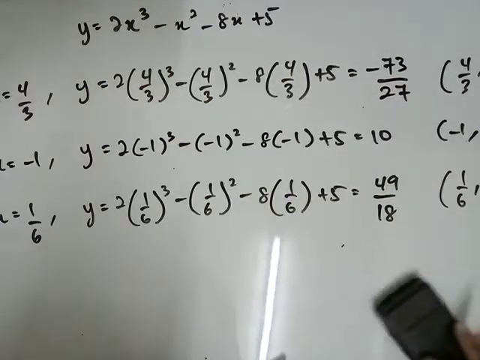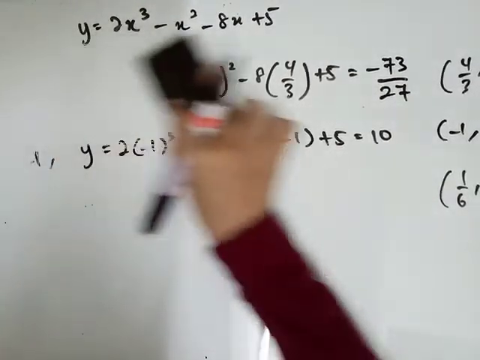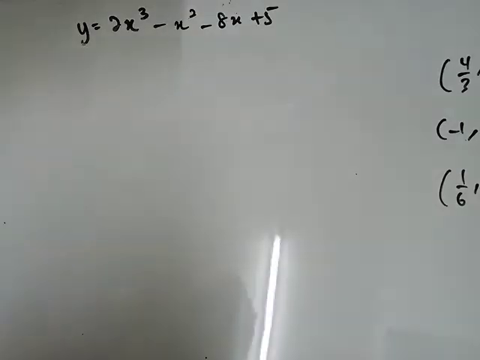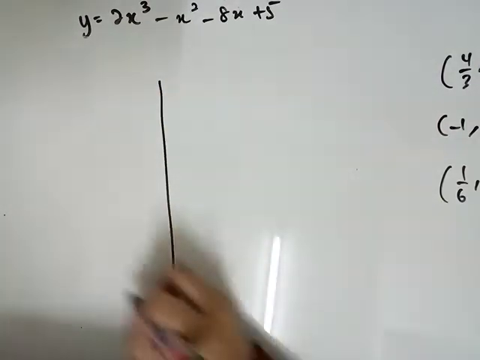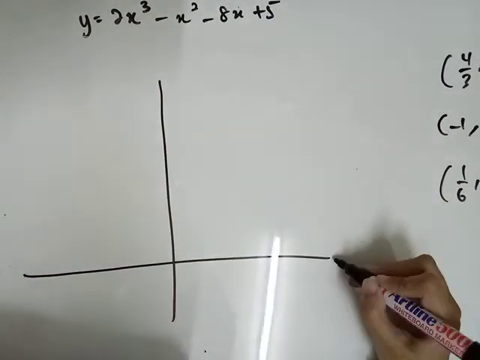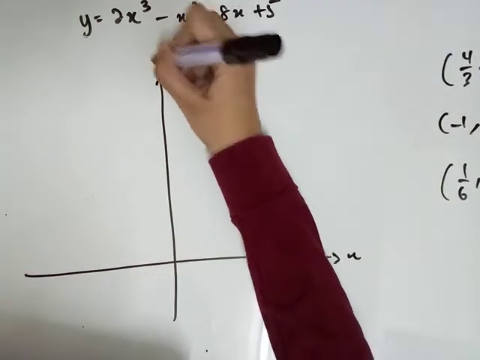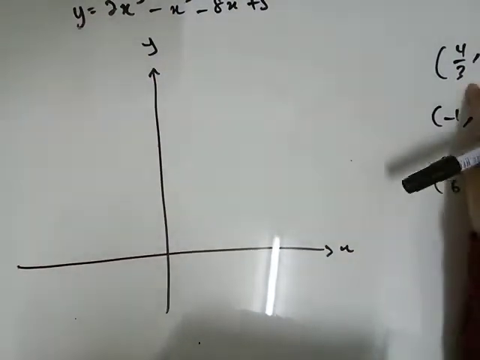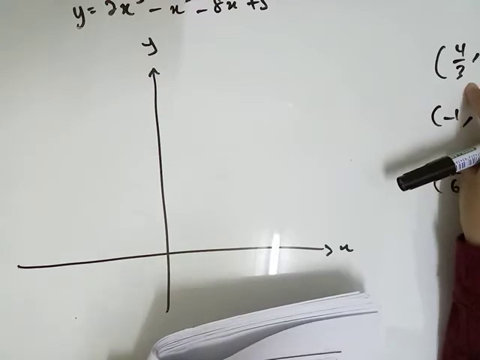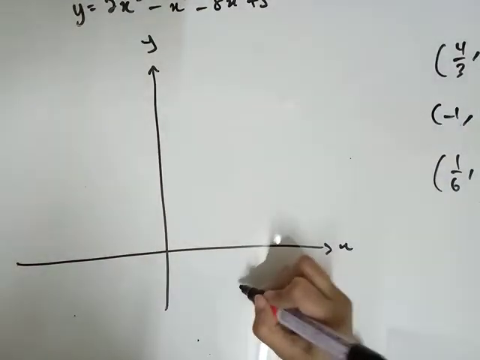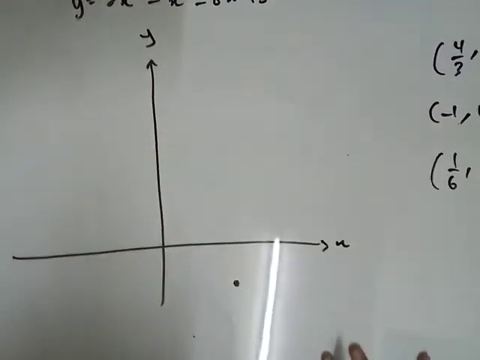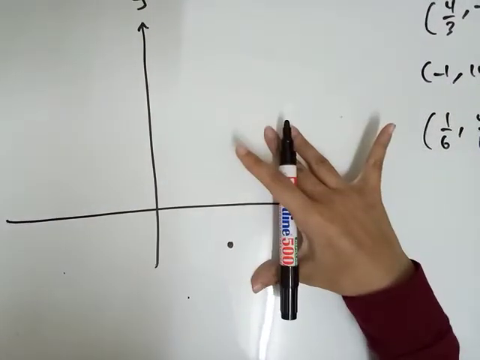So to draw the graph, let's say this is the graph, x axis and y axis. So 4 over 3, negative 73 over 27, point dia dekat sini. Ni saya just sketch saja.